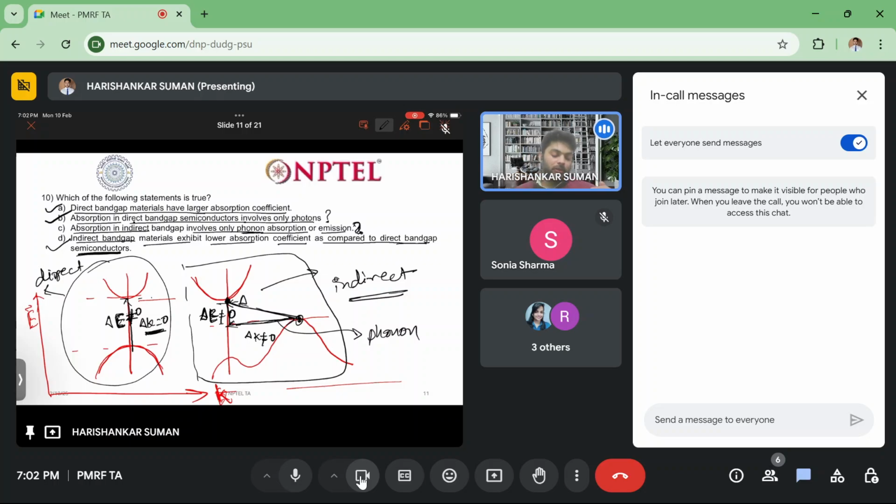If a phonon is there, there is always loss of our incident light. We cannot convert it 100% to electron hole pairs. So if the phonon phenomenon is there, then the absorption coefficient is always less.